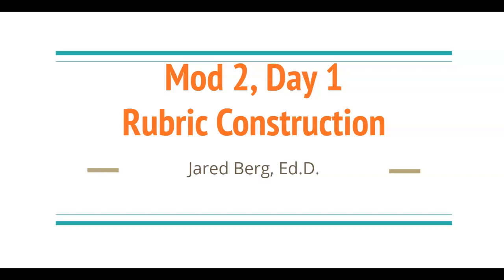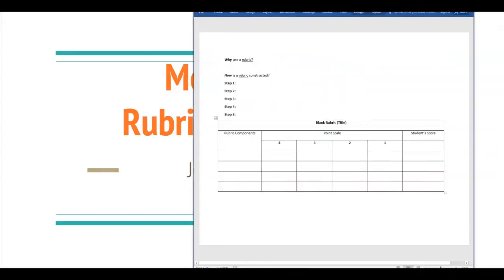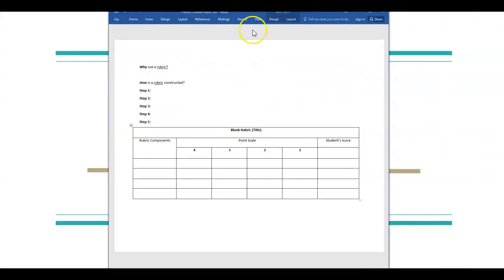Okay, and so according to our online transition schedule, the addendum schedule I gave to you, this should be viewing for Wednesday, March 25th. This is day one of Rubric Construction. Your assignment as we work through this is to complete this document right here, which is the Perfect Cookie Rubric Graphic Organizer.